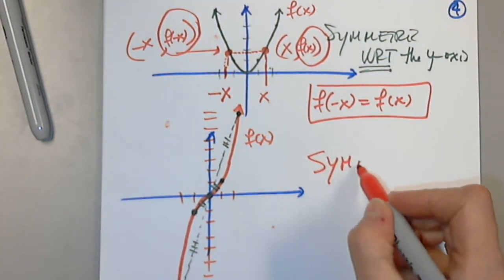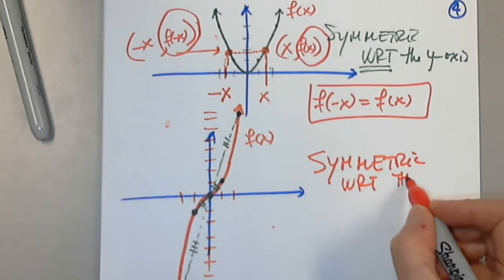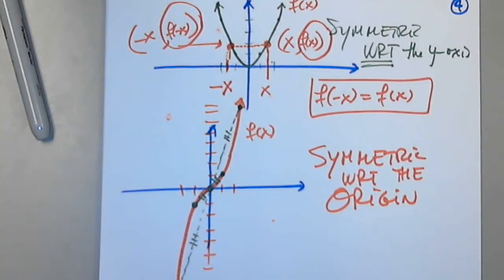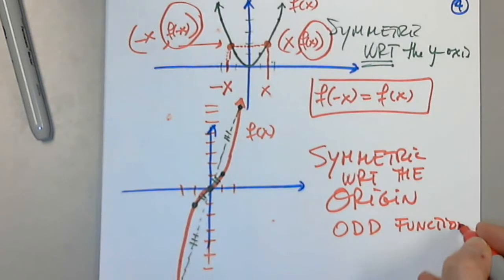So the graph is symmetric with respect to the origin. And this is characteristic for an odd function. Only functions that are symmetric with respect to the origin are considered odd functions.